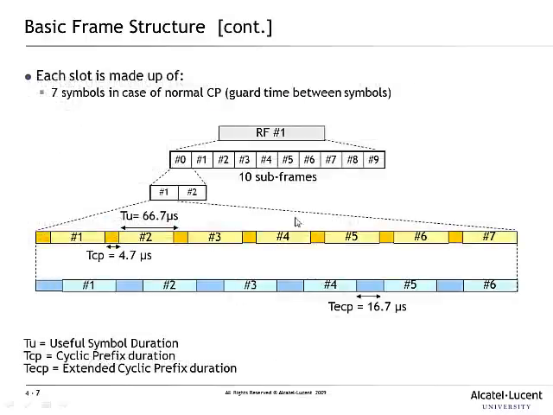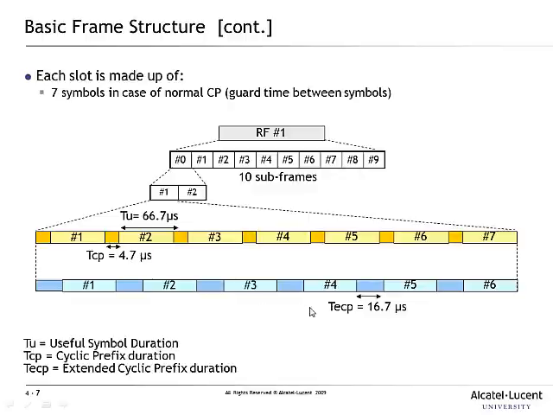Just to recap, a radio frame of duration 10 milliseconds is made up of 10 subframes, and in each subframe we have 2 slots. The number of symbols that you transmit in each time slot depends on the type of cyclic prefix that you use. In the case that you use a normal cyclic prefix, you transmit 7 OFDMA symbols, and between each OFDMA symbol there is a guard interval of 4.7 microseconds.